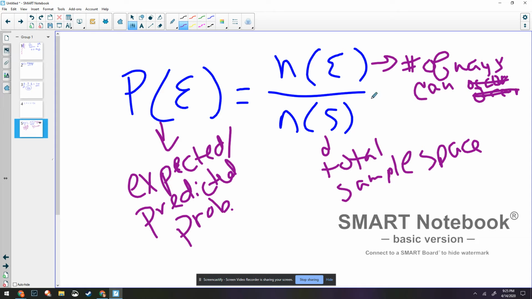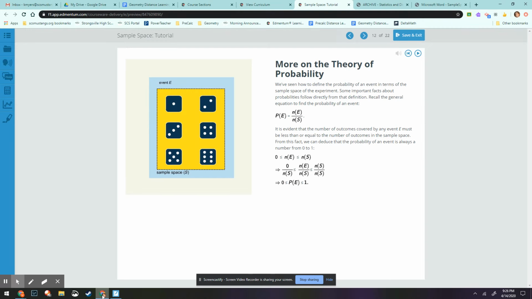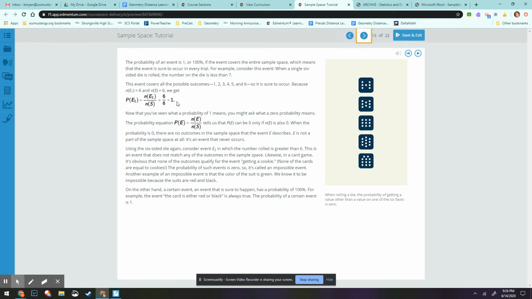Hopefully you can figure out my scribbling because, again, I'm writing on a touchscreen computer, which is not as easy as the school smartboard. Okay, and then this is saying that the probability has to be between 0 and 1. Now, if the probability of an event is 1, that means it is certain to occur. It will absolutely occur. Okay, there's no chance of it not occurring.